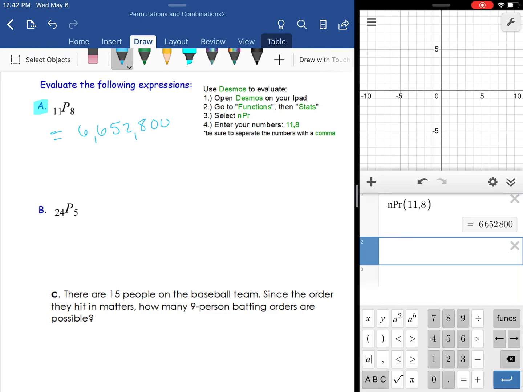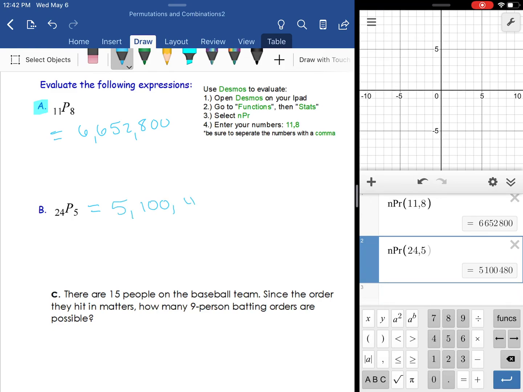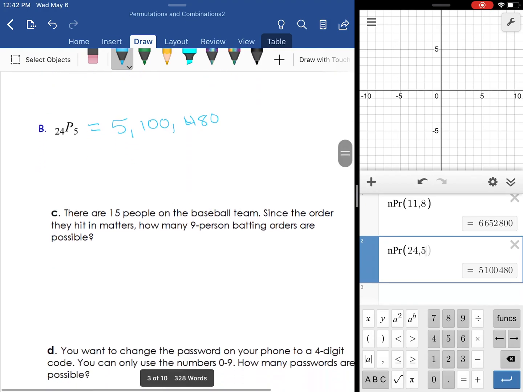If we go back to functions, NPR, 24 permutations of 5, that gives us 5,100,480 different possible permutations or different possible orders. So we're going to use Desmos to evaluate those things.